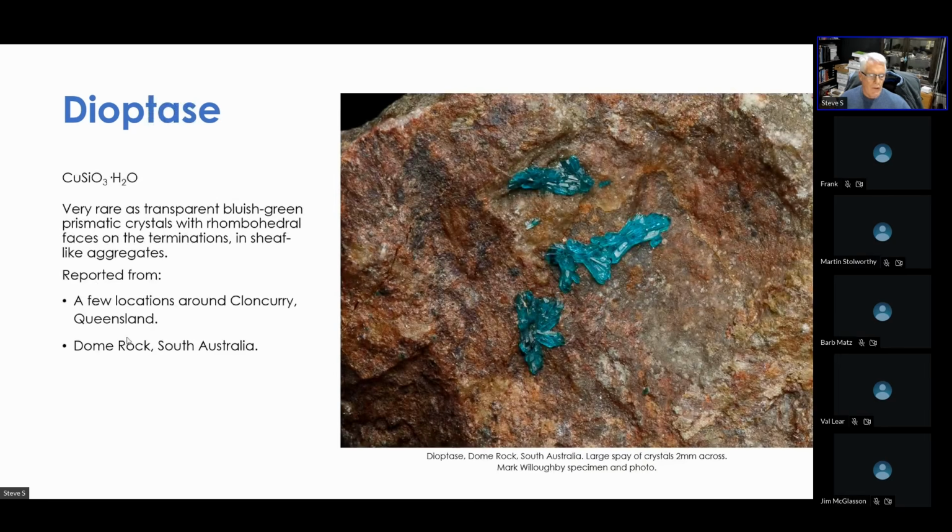Now, dioptase. There are a few locations where it's been recorded. The only dioptase that I have ever seen, though, is from Dome Rock in South Australia. This is a Mark Willoughby specimen, and I think it is the same specimen that there is a photo of in the catalogue of the Minerals of South Australia.